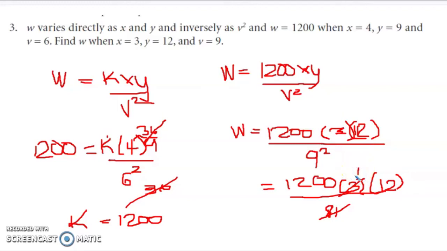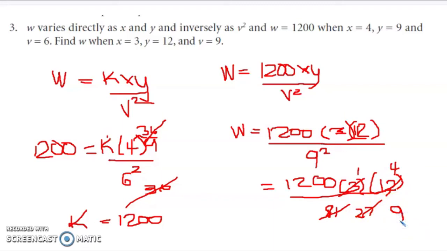And 81 divided by 3 is equal to 27. So this will be 27. And I can still simplify 12 and 27. I can divide them both by 3. 12 divided by 3 is 4. And 27 divided by 3 is equal to 9.